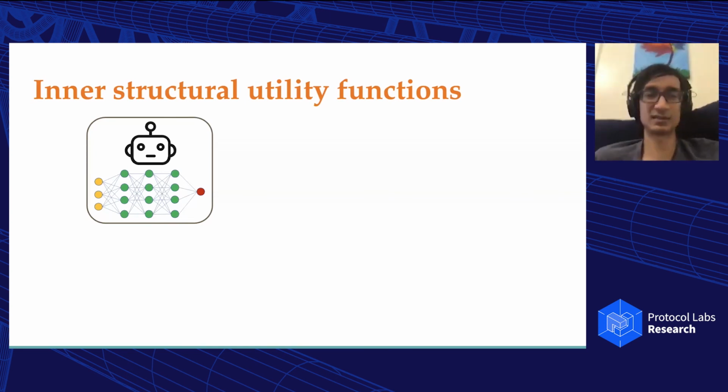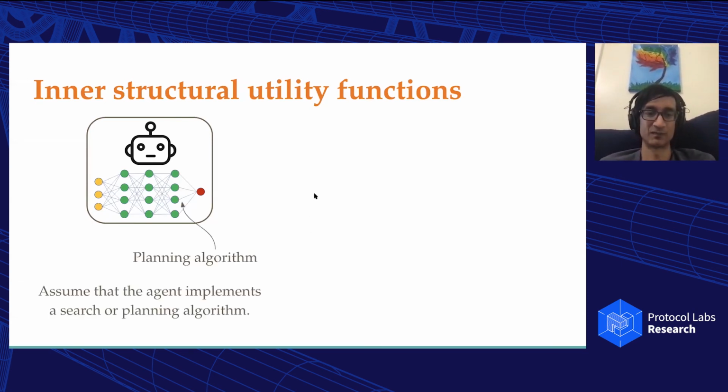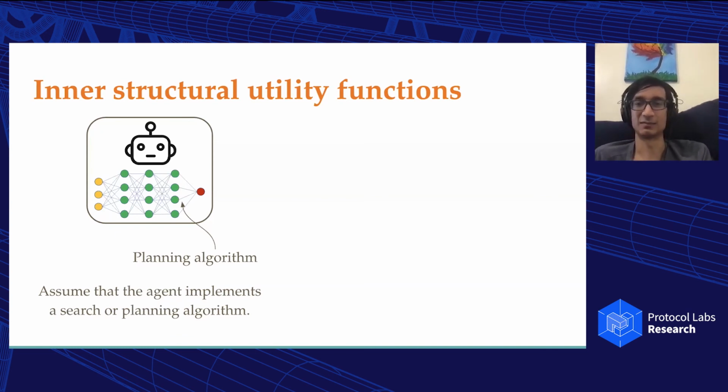These sorts of definitions are usually going to require something along the lines of an assumption that the agent implements a search or planning algorithm. So you say this particular part of the network, probably all of it, is some sort of planning algorithm that's considering different possible plans, rating them according to some metric of goodness, and then executing the one that scores highest on that metric.